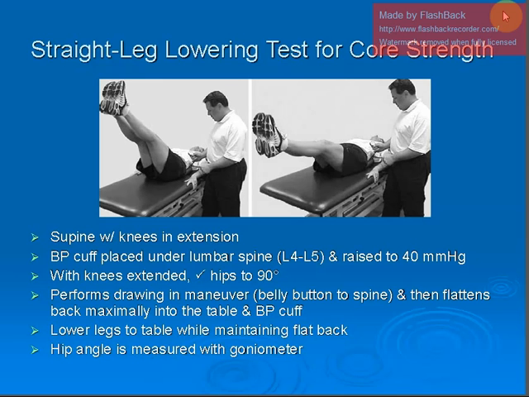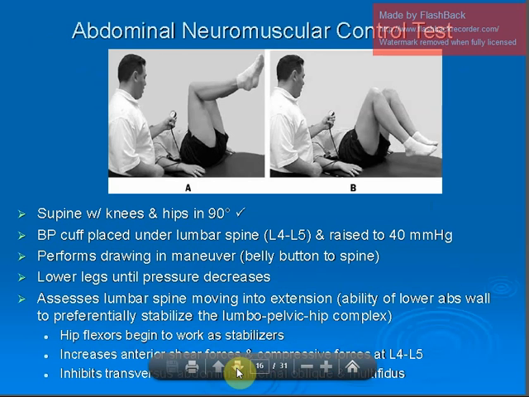You have to contract the core muscles, and then flatten the back maximally into the table, into the BP cuff. Then we ask the patient to lower the legs to the table while maintaining a flat back, and the hip angle is measured with a goniometer.